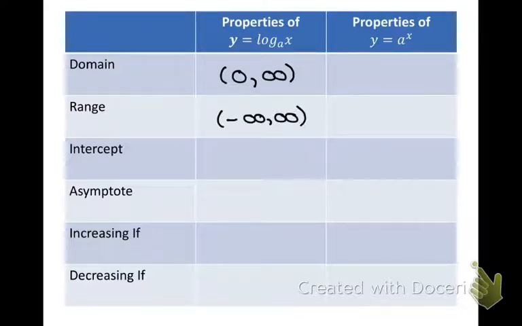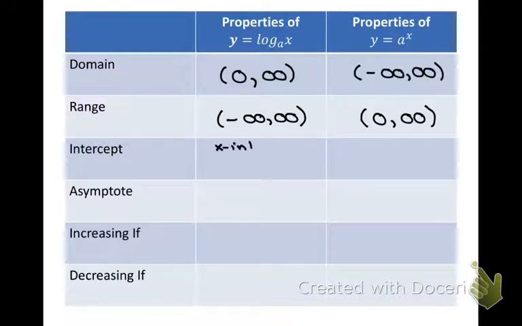Now, remember that logarithmic and exponential functions are inverses of one another. So that means their domain and range, or their x's and y's, are going to be flip-flopped from one another. So the domain of an exponential function is -infinity to infinity, but its range is 0 to infinity. All right, my intercept on my logarithmic graph is an x-intercept, and it's the point 1, 0.